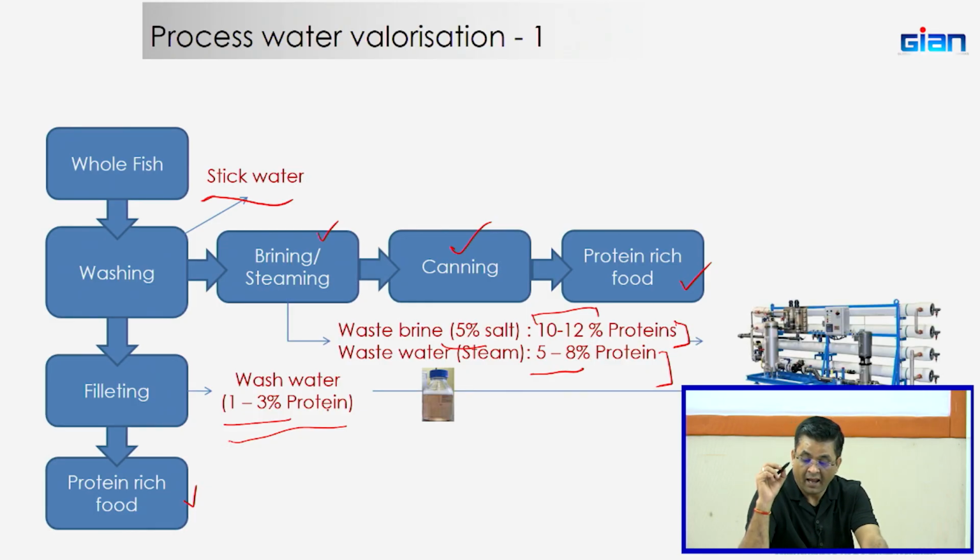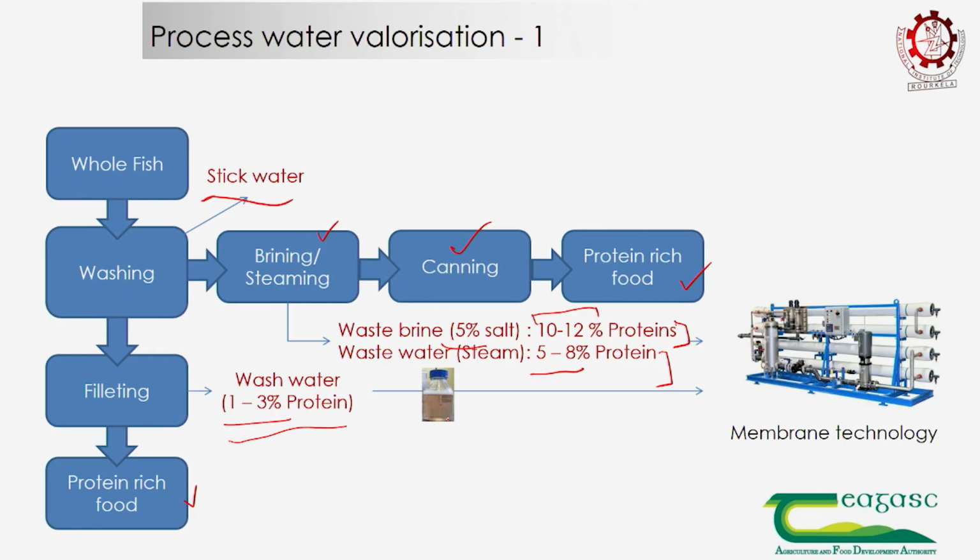And this particular water is just a representation of the water collected from the wash factory. Use a membrane, spray dry it or freeze dry, you get your protein. Simple process. You don't need rocket science to develop this process.